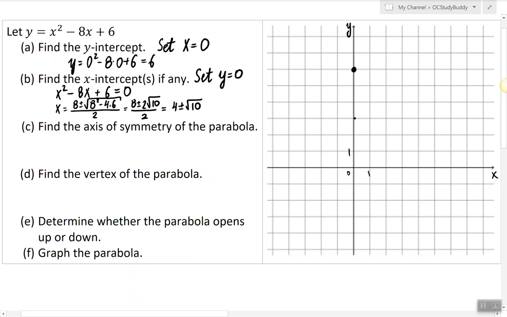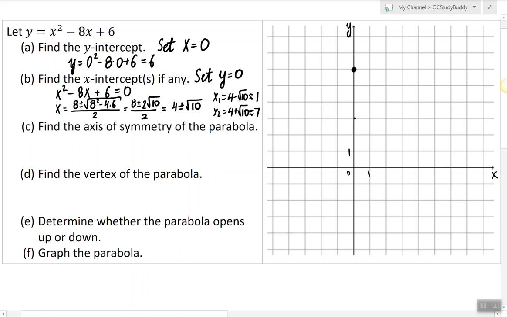Square root of 10 is a number close to 3, so the two x-intercepts that we get will be, first one is 4 minus square root of 10, which is roughly 1, and the second one will be 4 plus square root of 10, which is roughly 7.